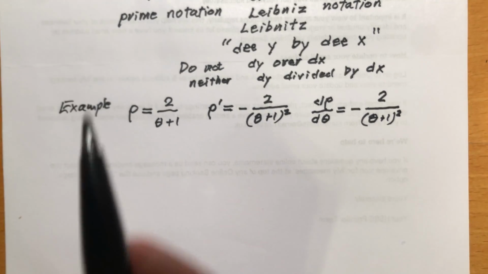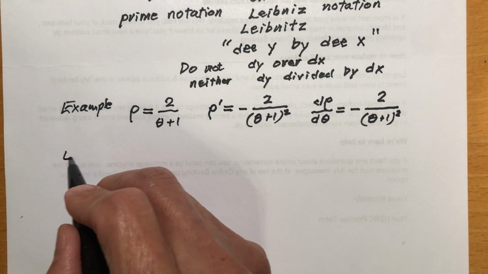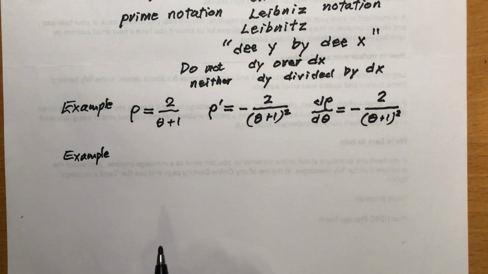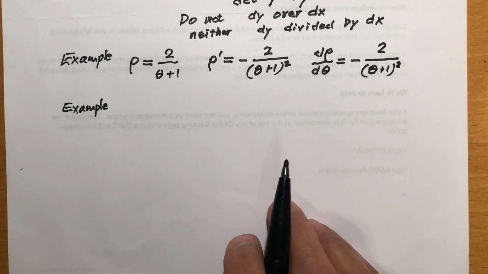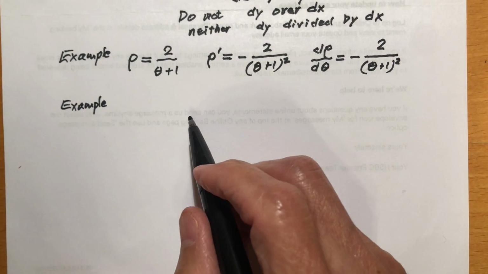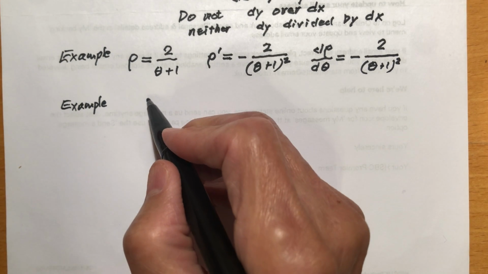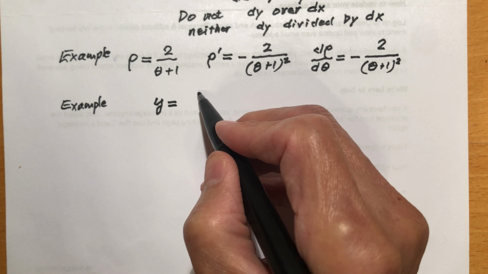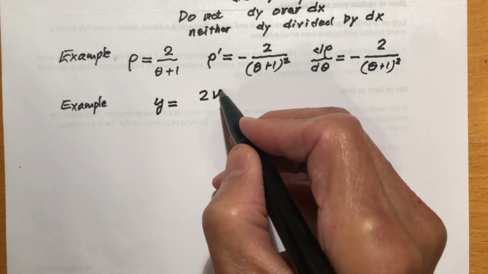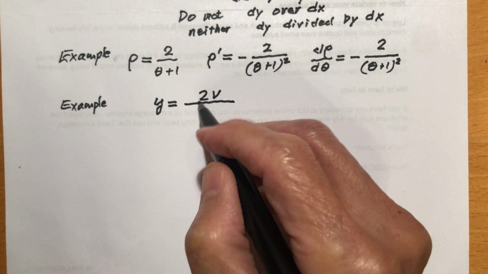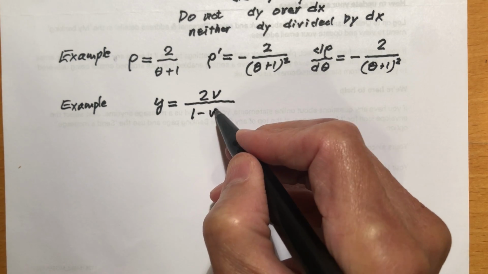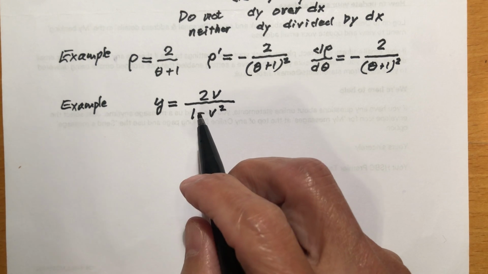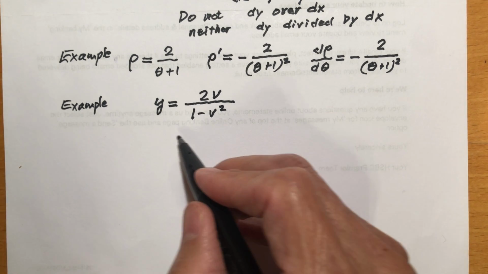Let's now go to chain rule. Another example. I give you two functions. The first function is y equals 2v over 1 minus v squared. And what is v?